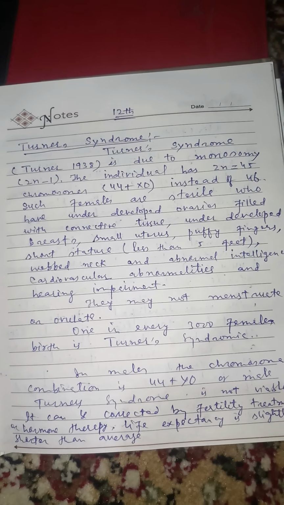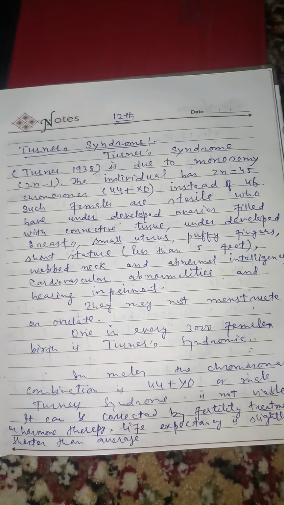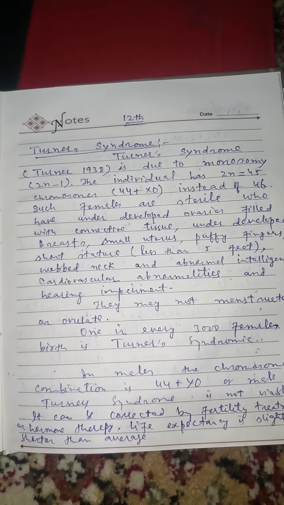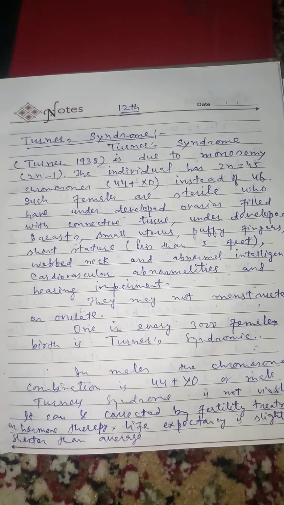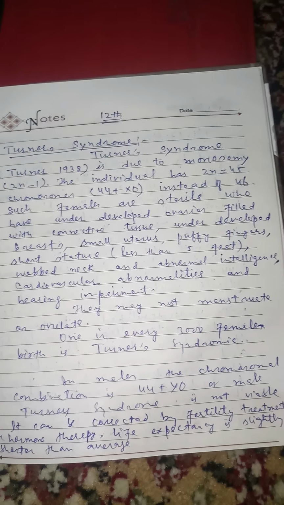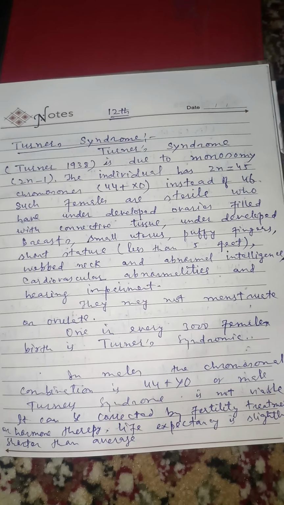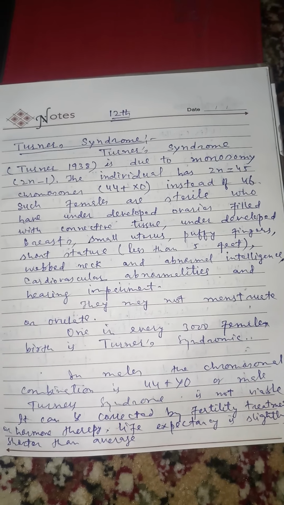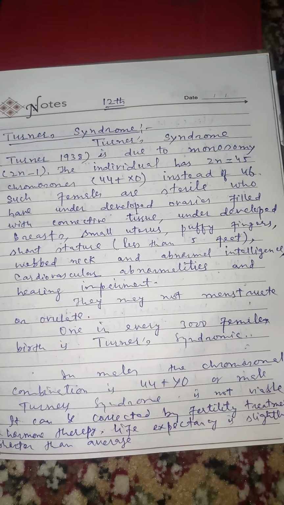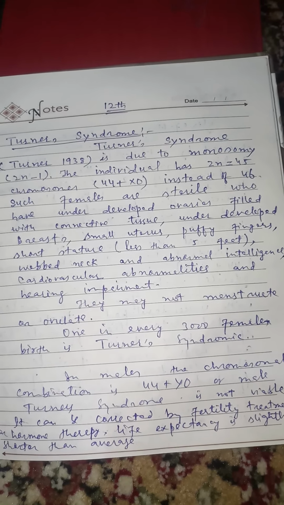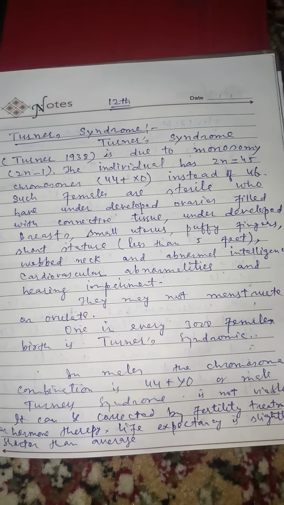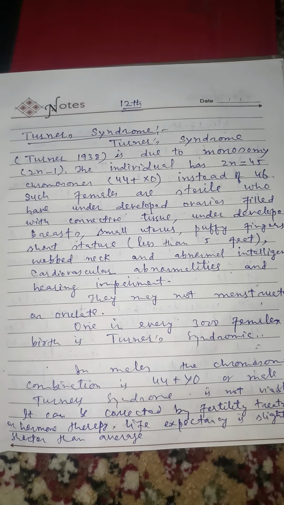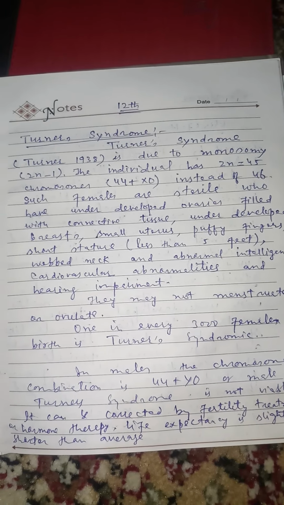And furthermore, these females can be treated by hormonal therapy or fertility treatment, which must be highly sophisticated treatment from highly capable doctors. Only then can patients with this syndrome be treated.